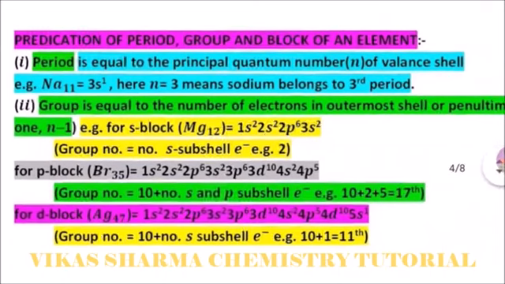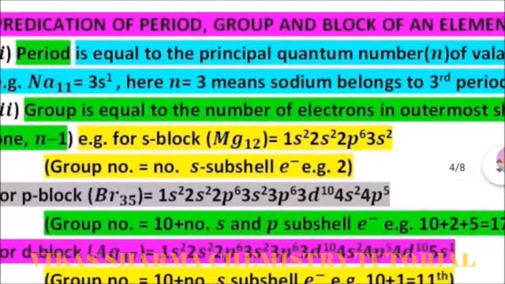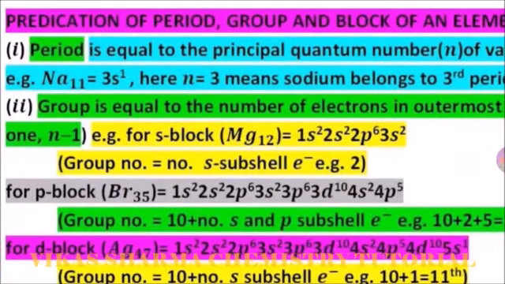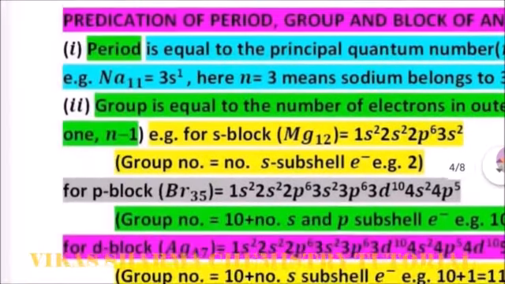Period is equal to the principal quantum number, small n, of the valence shell. So easily we can say the period of the element. For example, sodium: its last electron enters the 3s1 subshell. So 3 is the principal quantum number, meaning sodium belongs to the third period.